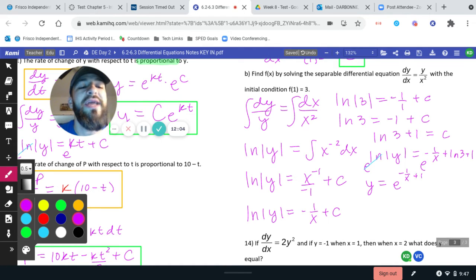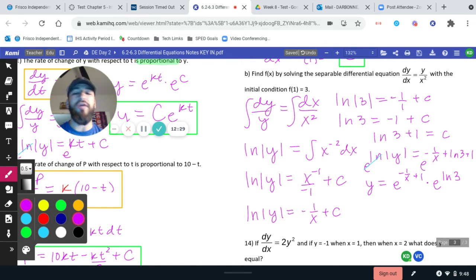So I'm going to leave this as e to the negative 1 over x plus 1 times e to the natural log of 3. So notice how I kind of picked and chose what I wanted to split up into separate bases of e. So negative 1 over x and 1, both of them are not going to get that base of e to cancel out. So I'm just leaving them as e to the negative 1 over x plus 1 because that's all going to stay like that. I can't get anything to cancel out.